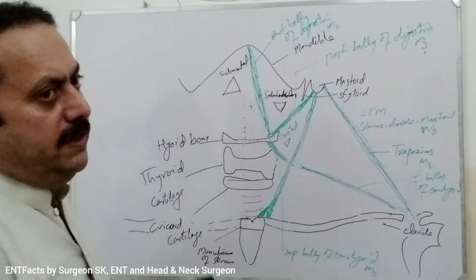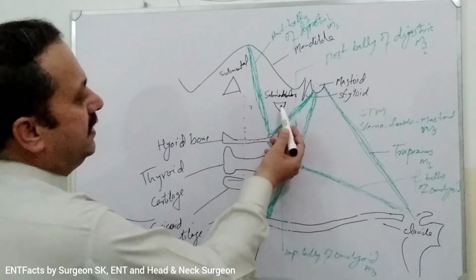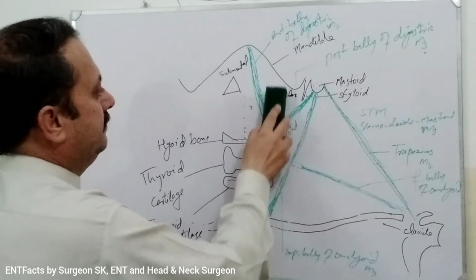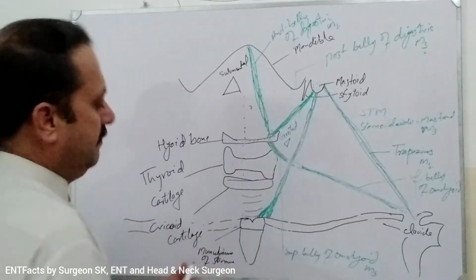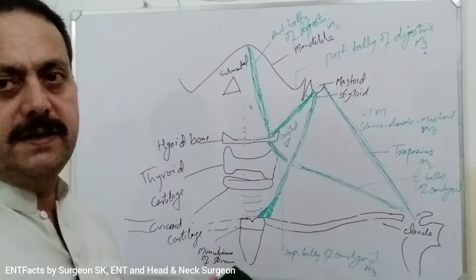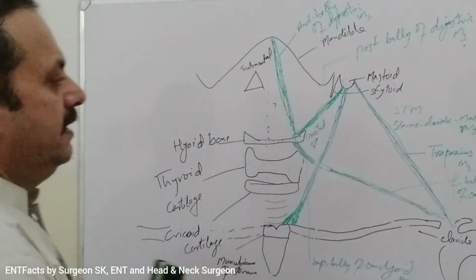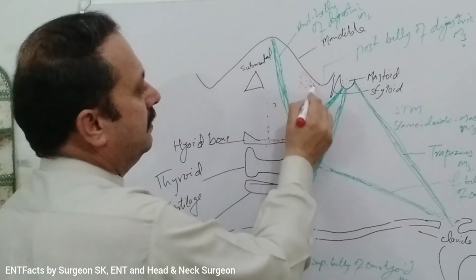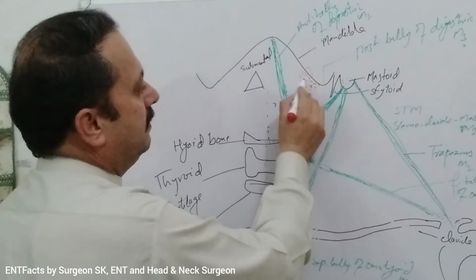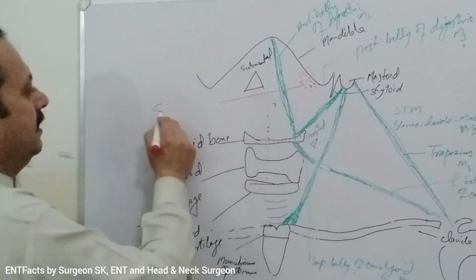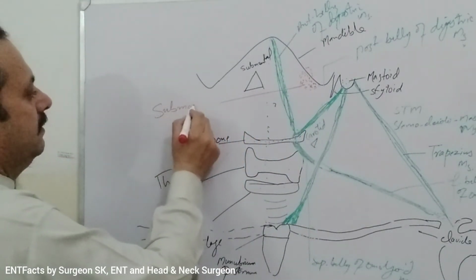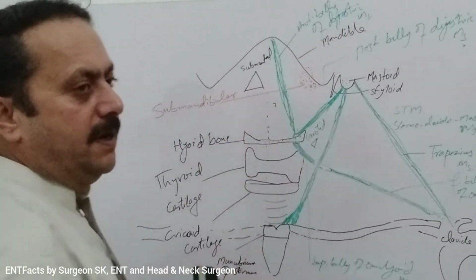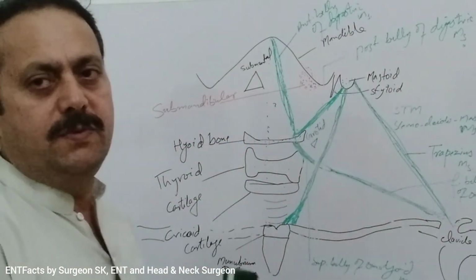Now the different contents of these triangles, starting from the submandibular triangle. Here the most important thing is a gland, the submandibular salivary gland.